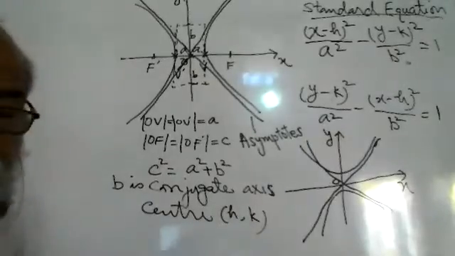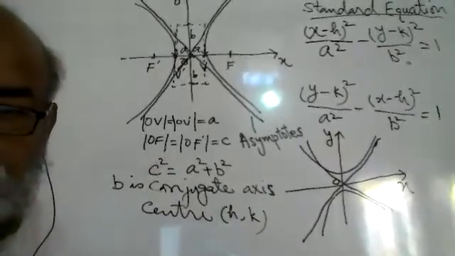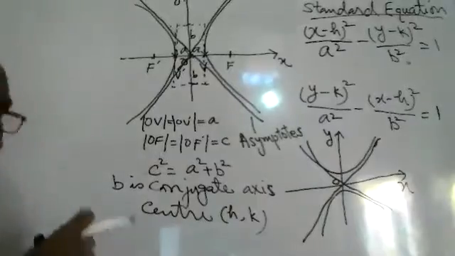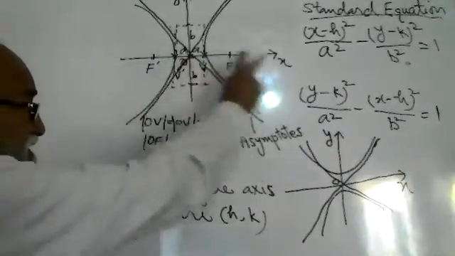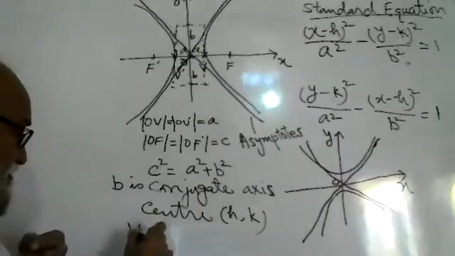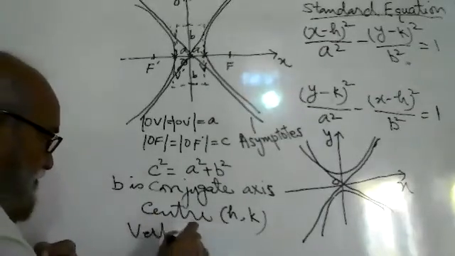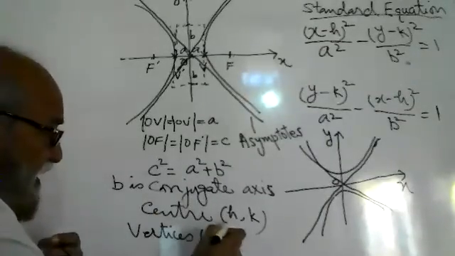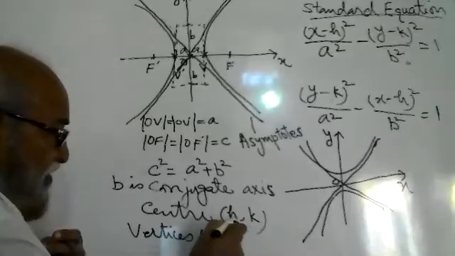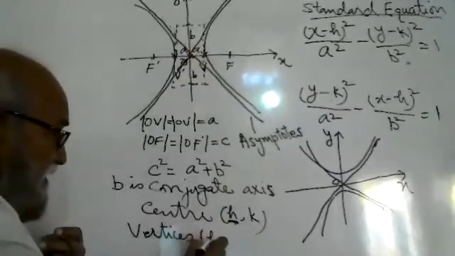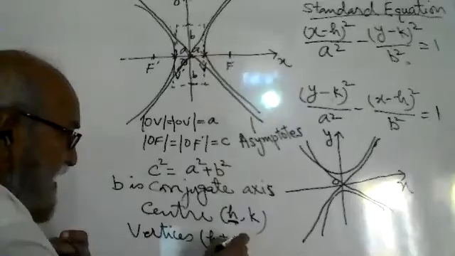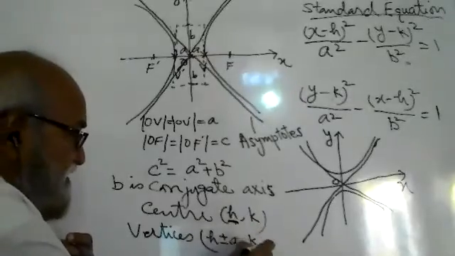So how to find the vertices? In this case, when the transverse axis is along the x-axis, to the x coordinate of the center, we will add and subtract a, h plus minus a, and k will remain as it is.